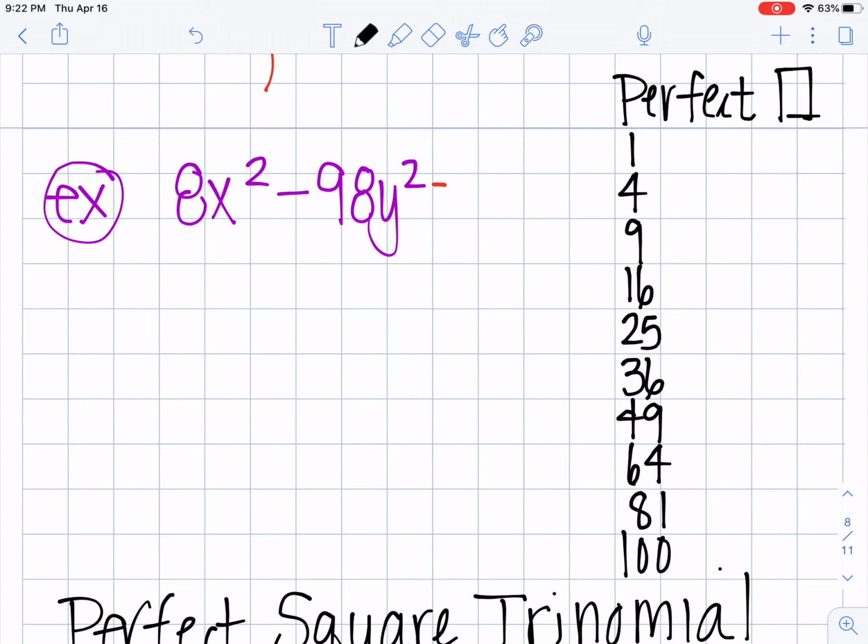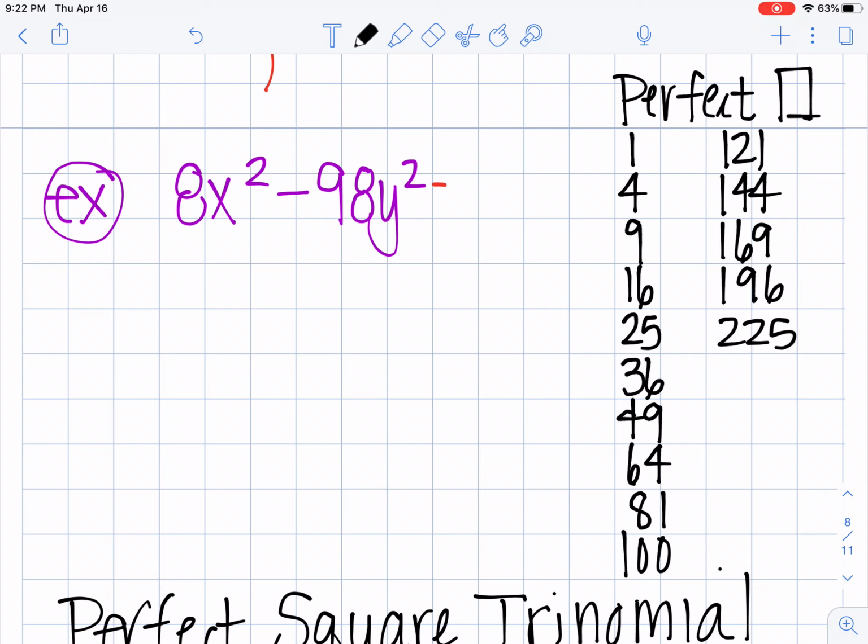We can go a little higher. 11 squared is 121, 12 squared is 144, 13 squared is 169, 14 squared is 196, 15 squared is 225. I think that's good for now. So those are examples of perfect squares.